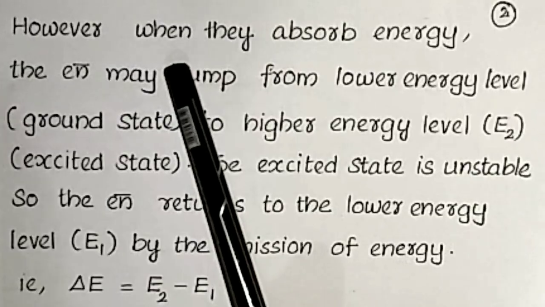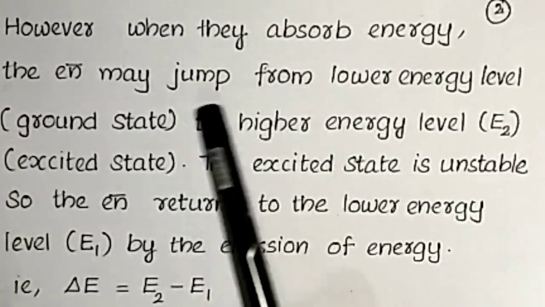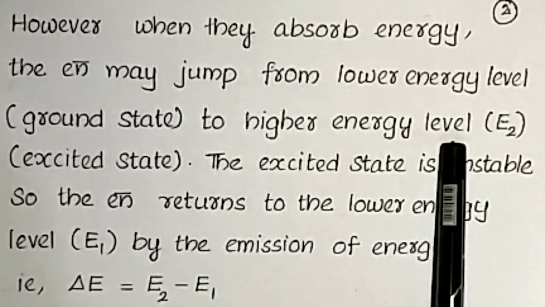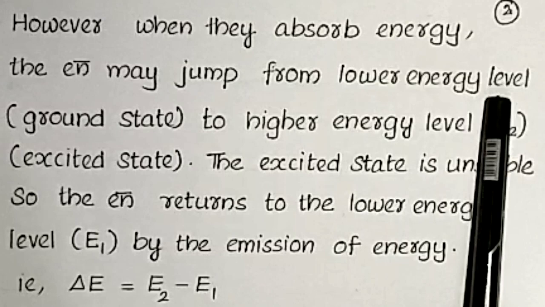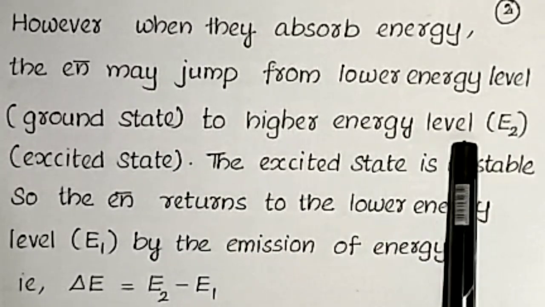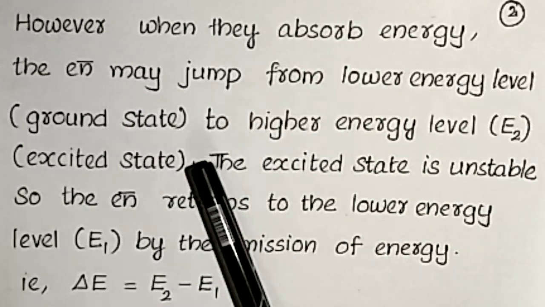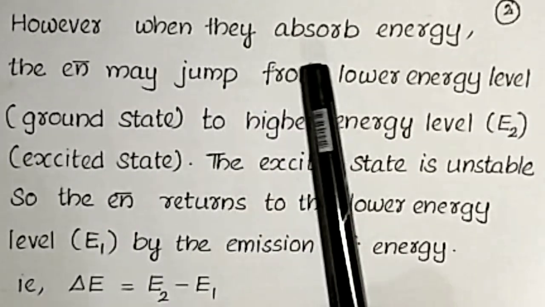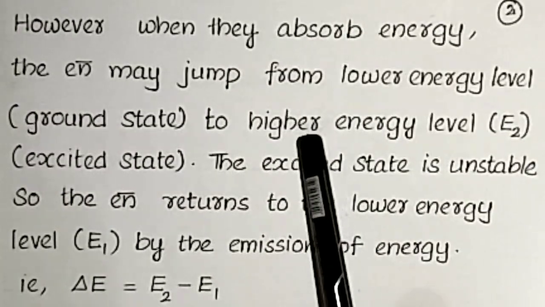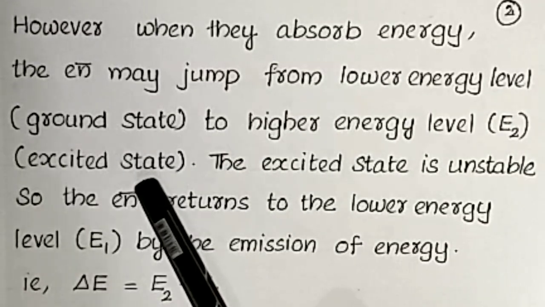However, when they absorb energy, the electron may jump from a lower energy level to a higher energy level. The lower energy level is known as ground state and the higher energy level is known as excited state. So, when the electrons in a particular orbit absorb energy from outside, they jump from the lower energy level to a higher energy level.